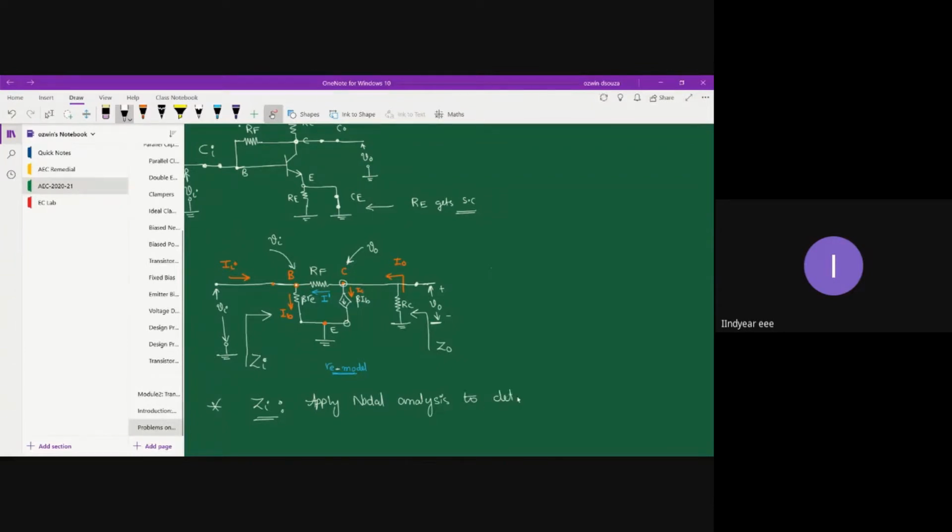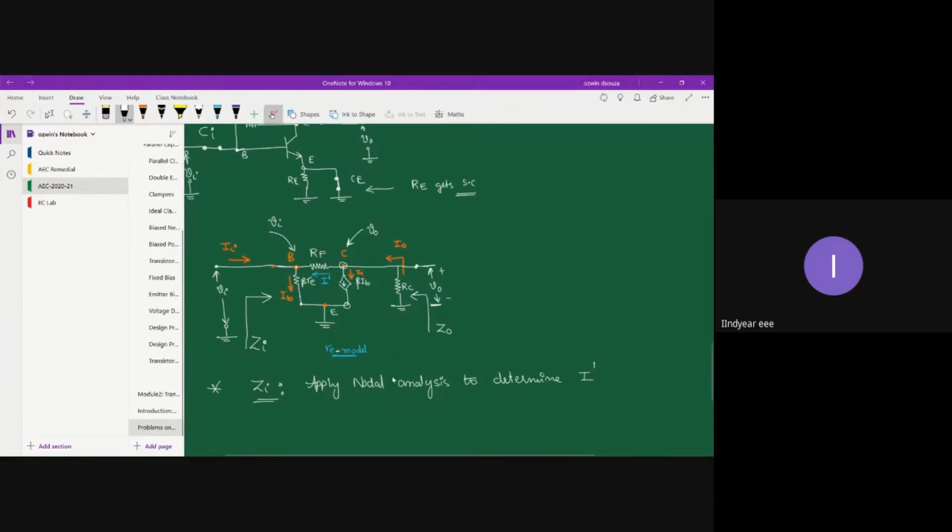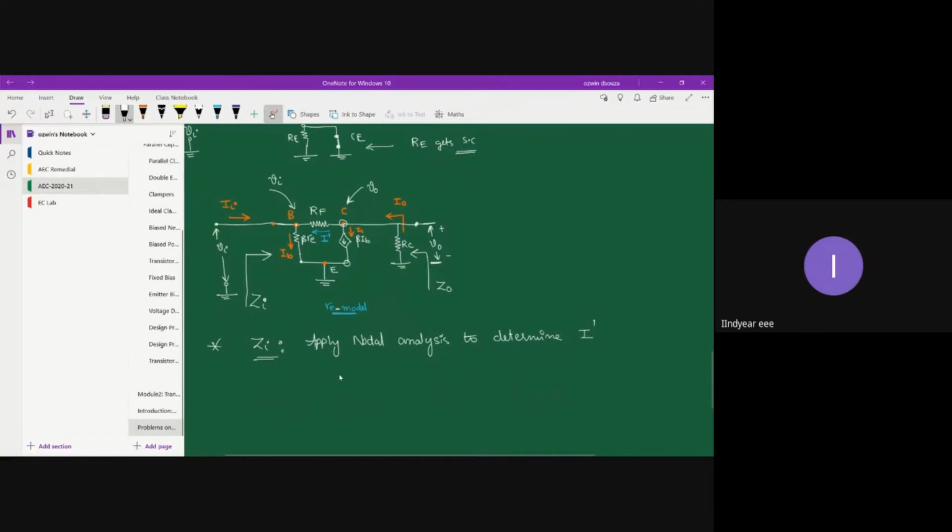to determine the current I dash, where I dash is the current which flows through the feedback resistor RF. So let's try to determine I dash and see what we get. Nodal analysis basically follows Kirchhoff's current law, so I is equal to the difference in potential divided by the impedance.